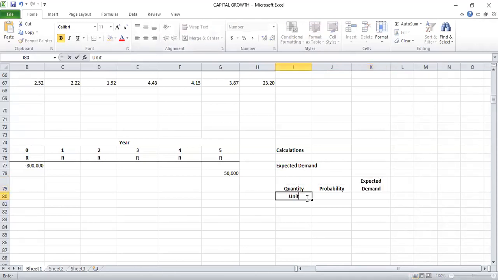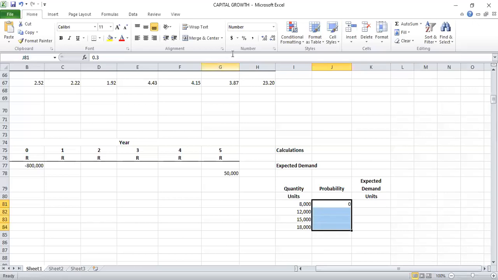These are units. Right. We're given 8,000, 12,000, 15,000, 18,000. And the probabilities that were given are 30%, 40%, 20%, 10%.